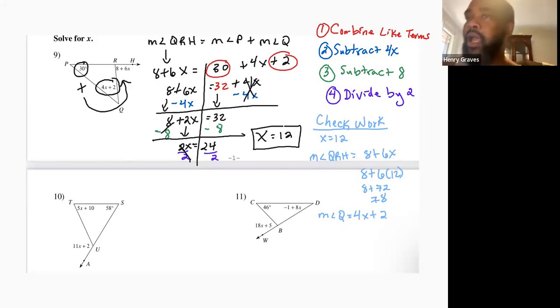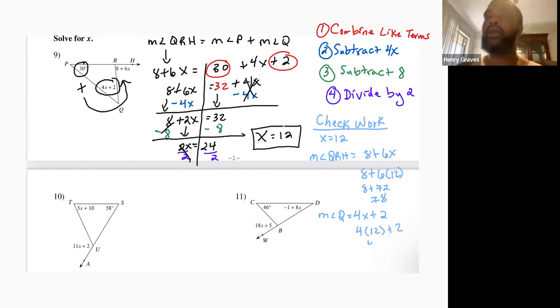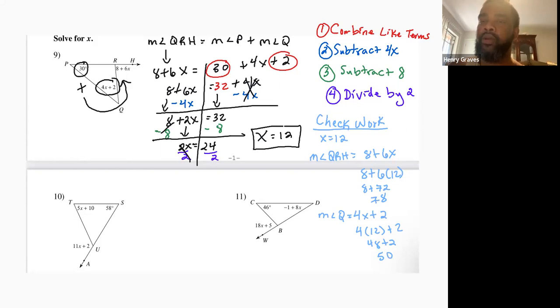And if I come back and plug it in to check my work, I know the measurement of angle QRH is equal to the measurement of angle P plus the measurement of angle Q. So that means that 78 is equal to 30 plus 50. Ooh, I made a mistake.